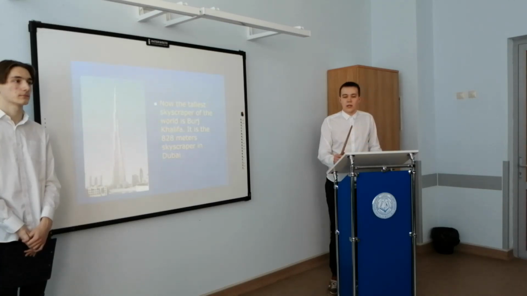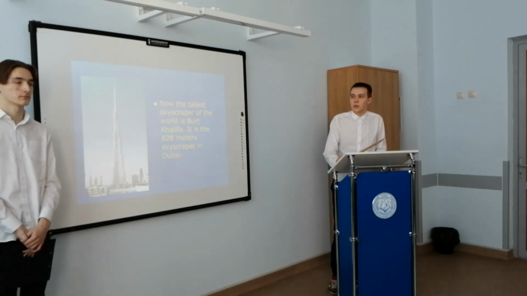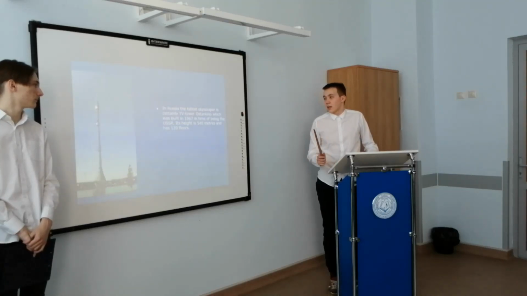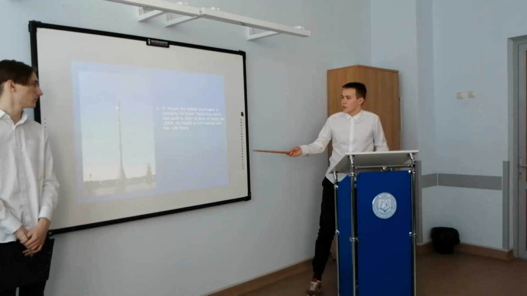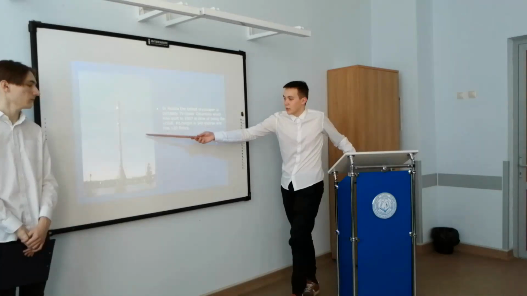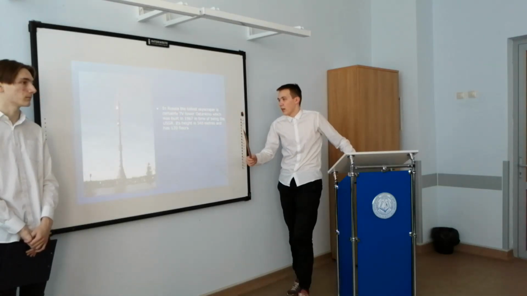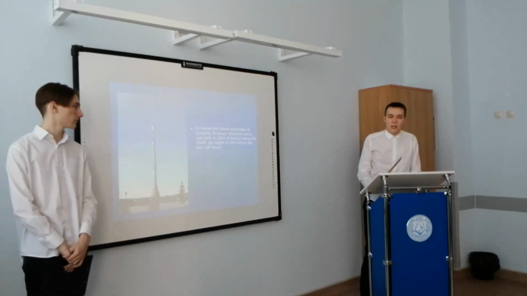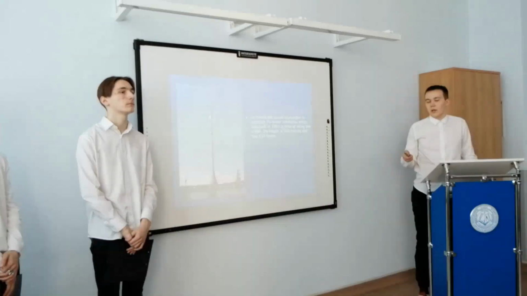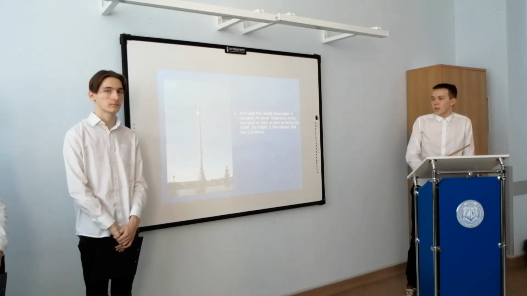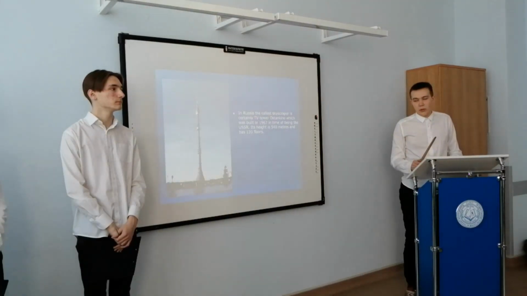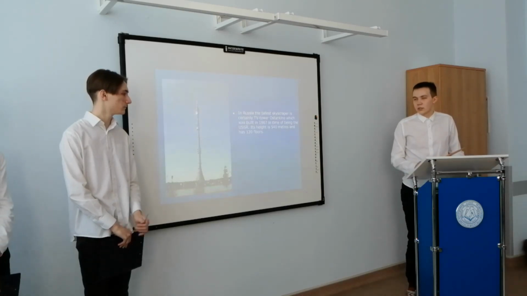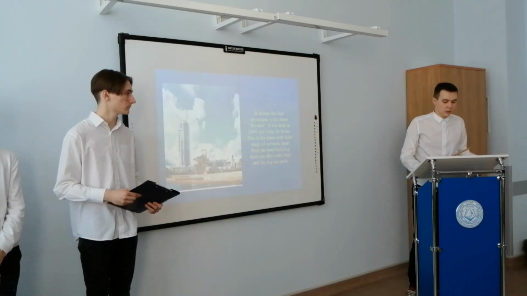It is 820 meters. Skyscraper in Dubai. In Russia, the tallest skyscraper is certainly TV Tower Ostankino, which was built in 1967 in time of the USSR. Its height is 540 meters and it has 120 floors.